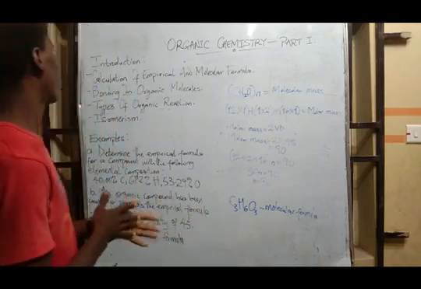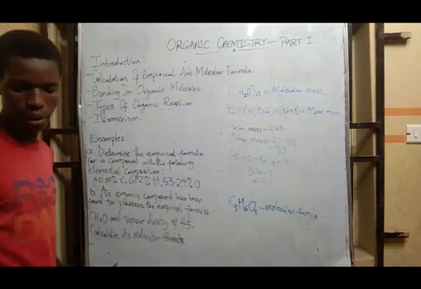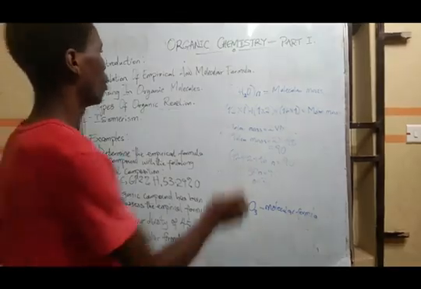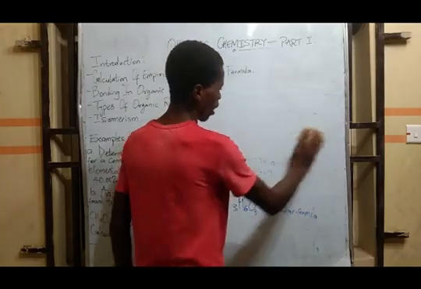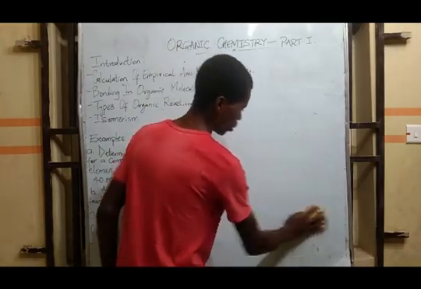And now we go into bonding in organic chemistry, where we talk about the sigma bond and the pi bond.